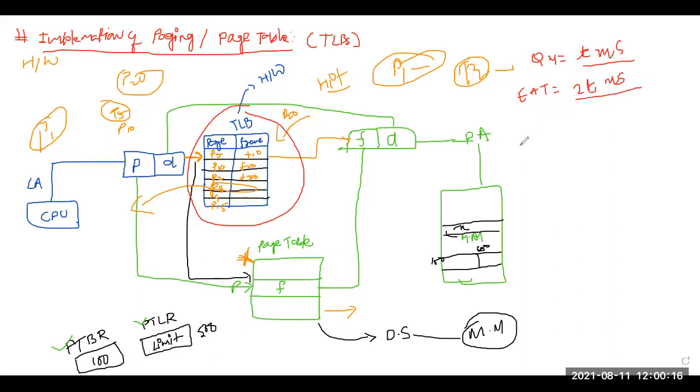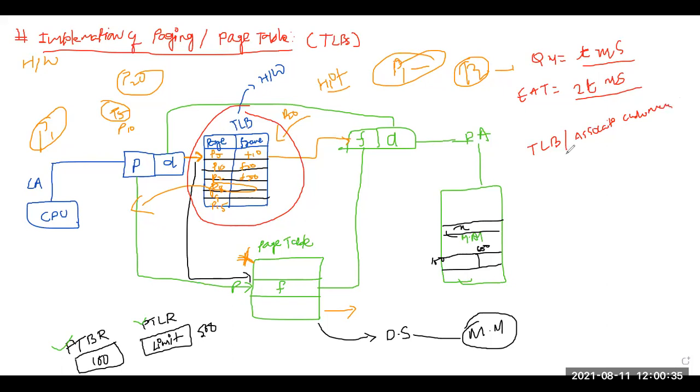Now assume that the TLB access time, TLB is also called associative memory, remember that both words are the same, associative cache memory.